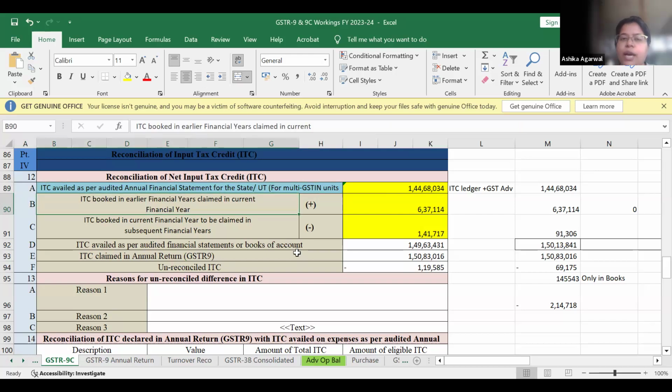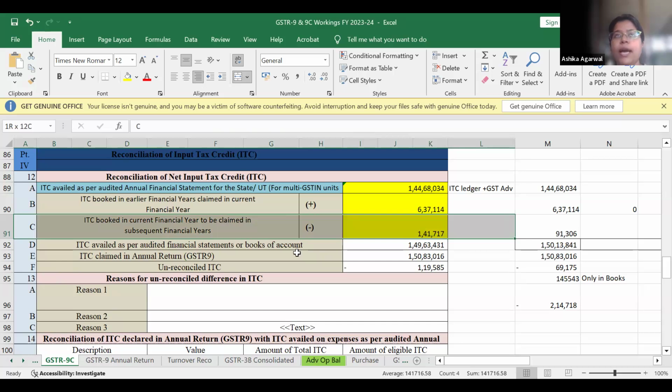Now, if any ITC you have reported last year in table 12C as a carry forward, it will become table 12B as a brought forward. Now in books there can be an ITC which, due to non-reflection in 23-24 of 2B, you might not have claimed, which got reflected in 24-25 and will form part of table 12C. So what I am simply saying is go to GSTR-2B of 24-25. Based on that download, see the invoice date.